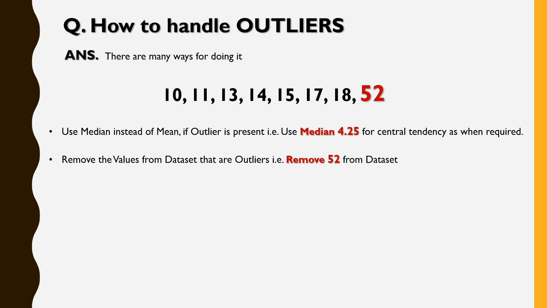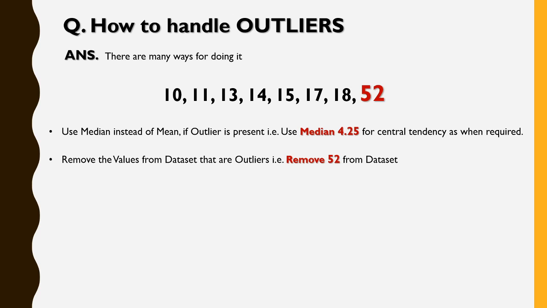Second, if you want to work on the data with the outlier, you can remove the outlier value and work on the data. But this is called a biased nature of analysis. Why? Because sometimes the data you are removing may give you a different type of analysis.